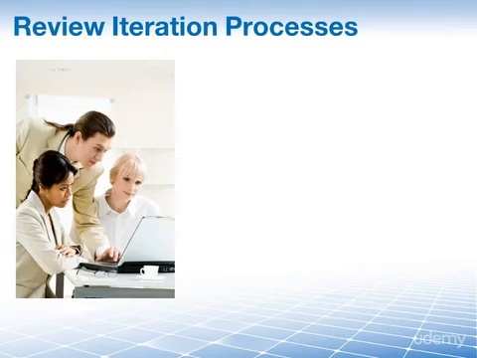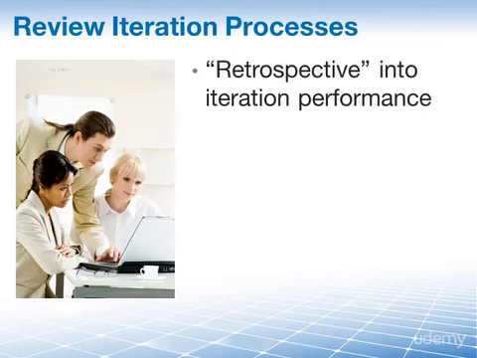And then there is also the iteration review meeting at the end of each iteration. This is held by the Agile project team internally to assess how the iteration that has just been completed has worked in terms of the team's interactions, as well as in terms of the project's processes that were implemented during the iteration.